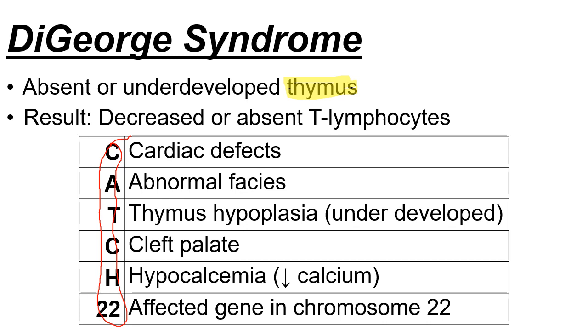Kung maalala nyo yung thymus, nasa chest area yan, katabi yan ng lungs. So, meron tayong problema in thymus. Meron din tayong problema in the heart. Nasa gitna yan, right? Meron tayong problema sa face, abnormal facies, hindi pantay yung facial features. Thymus, cleft palate, nasa gitna yung bibig natin.